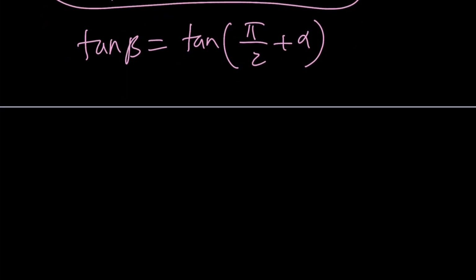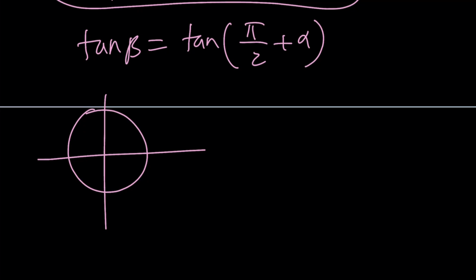Whenever you add or subtract pi over 2 or 3 pi over 2, you change the name of the function. Think about it: you have an angle, let's say alpha, and you're adding 90 degrees to it, so this triangle is flipped, and tangent and cotangent switch places. Makes sense?